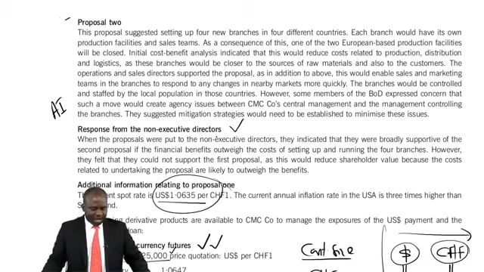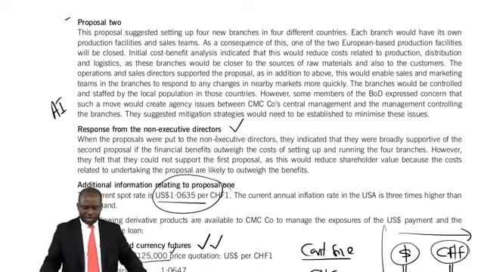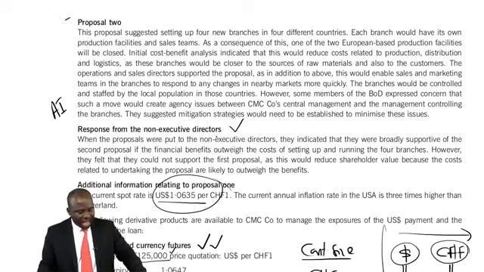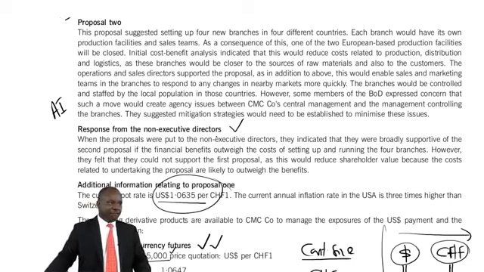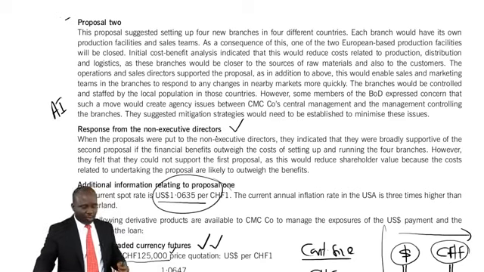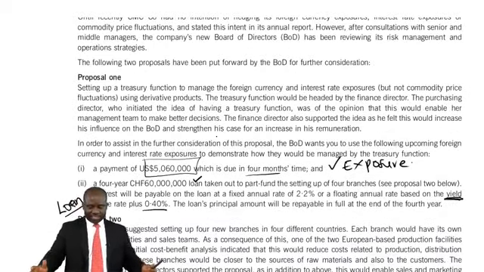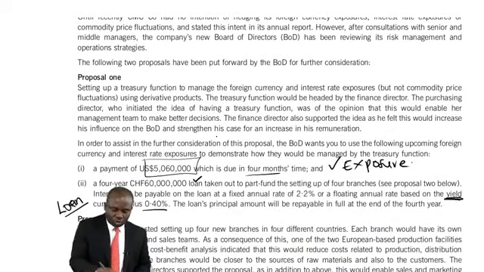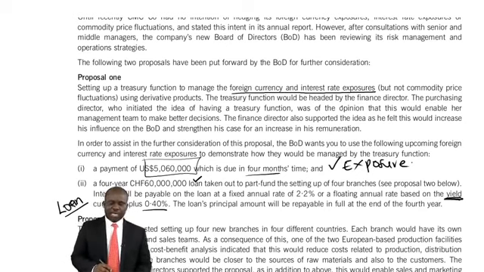However, they felt that they could not support the first proposal, as this will reduce shareholder value because the costs related to undertaking the proposal are likely to outweigh the benefit. And the question wants us to address their concern in relation to proposal 1. Proposal 1, what is it? Proposal 1 was to hedge foreign currency and interest rate exposure.